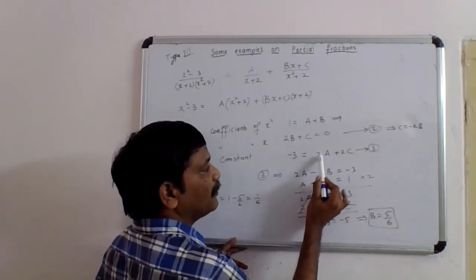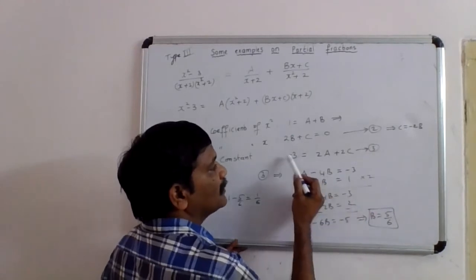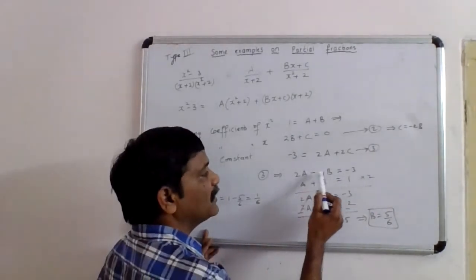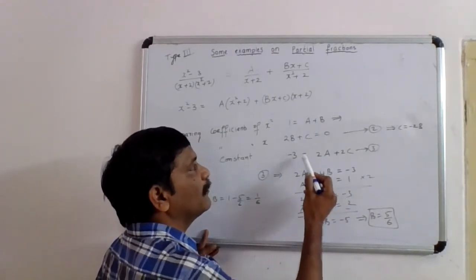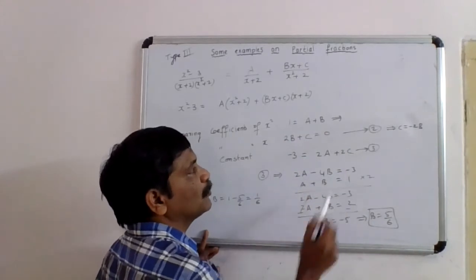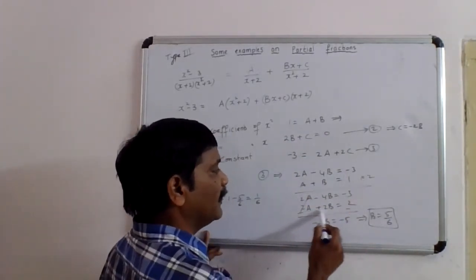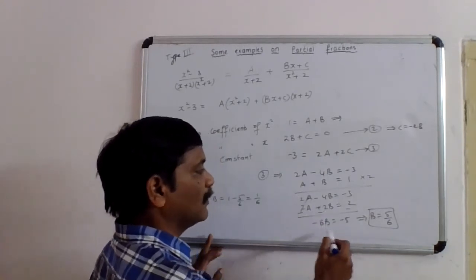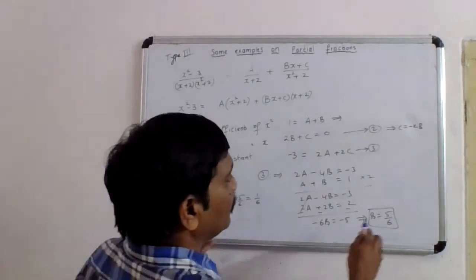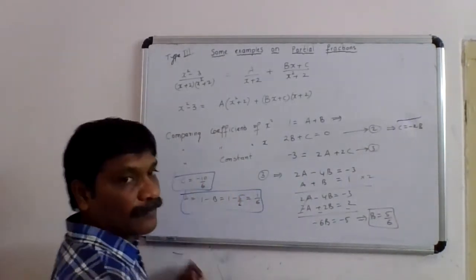So I repeated this equation again, 2a minus 4b is equal to minus 3. So this is an equation containing a and b. We have one more equation containing a and b, so a plus b is equal to 1. By multiplying both sides by 2, we get this equation. By solving, we get b value, a value and c value.